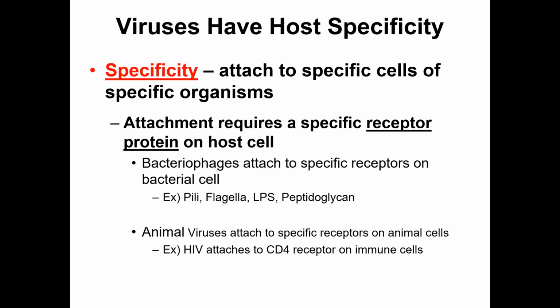It's a curious thing. There are all these cells in your body, all these tissues, but it wants helper T cells. Well, that's because your helper T cells have the CD4 receptor. No other cell in your body has CD4. This is it. Just helper T cells. So that's why HIV is so picky. Its spikes will only bind to CD4.